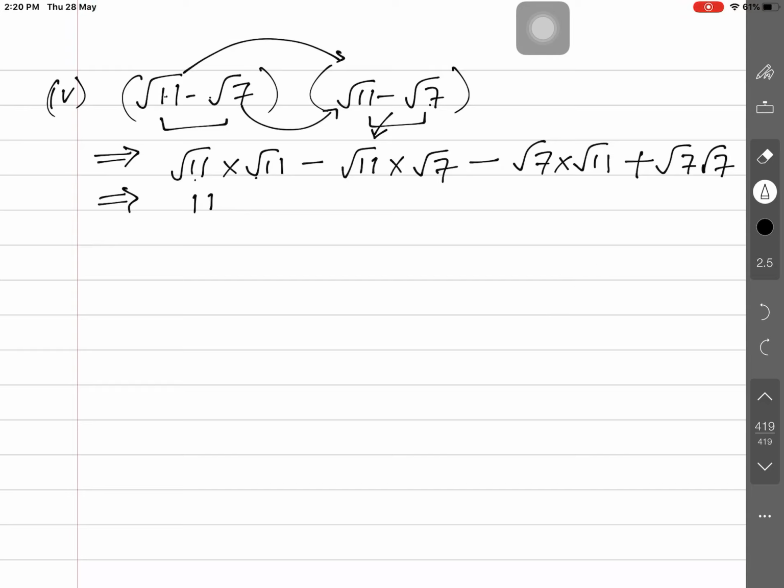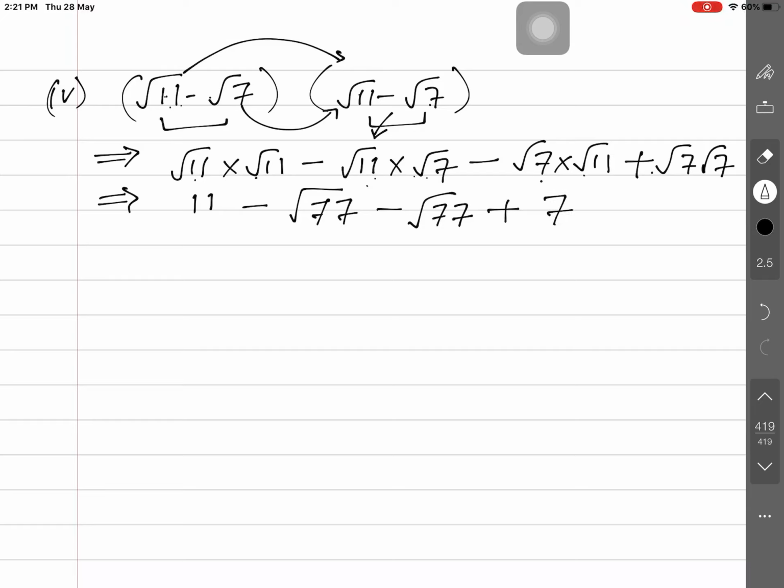Now next is root 11 and root 7 into root 11, different terms are here, so 11 sevens are 77 minus 11 sevens are 77. You can understand this: root 11 distributed here positive, this distributed here negative, then minus and plus, so plus plus plus here it shall be.